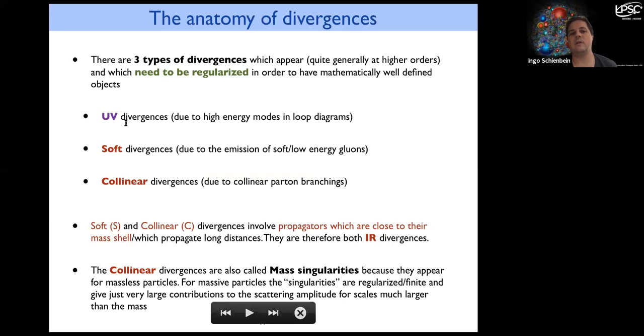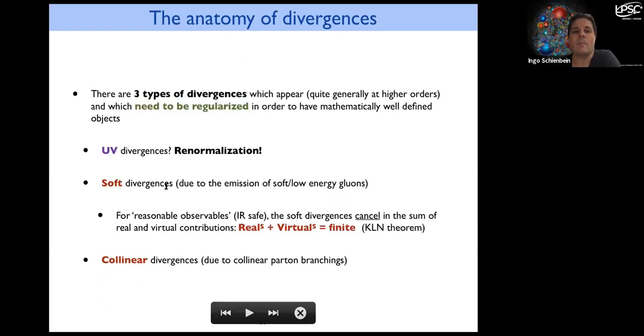So I said there are UV divergences and infrared divergences. And the infrared divergences are split up into soft divergences and collinear divergences.